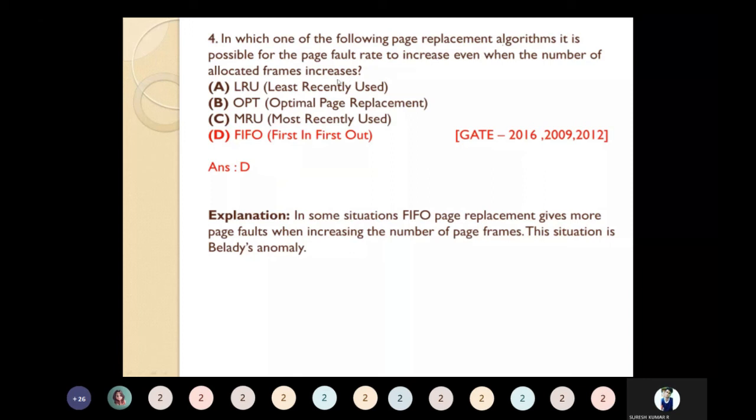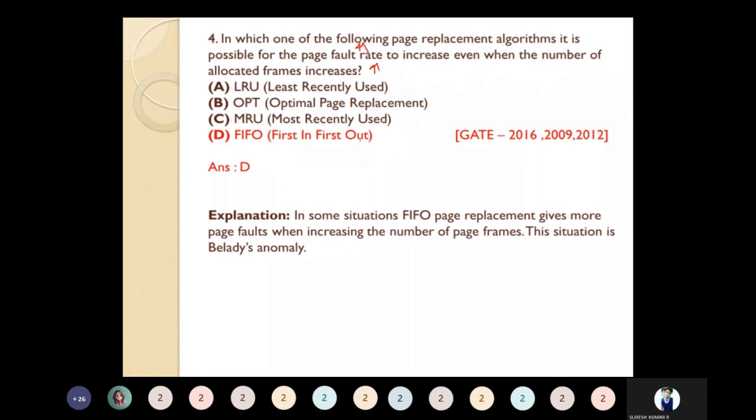So the question is, when the number of allocated frames, that is 3 frames, 5 frames, as given in your question, increases, the page faults increase. Which method? In the following methods, when the page frames increase, the page faults also increase.